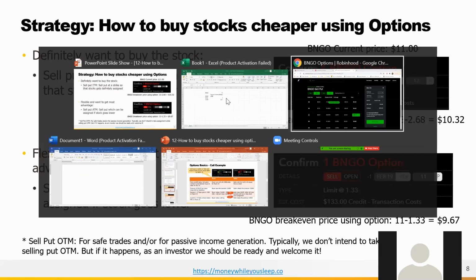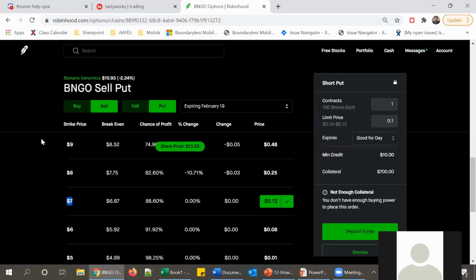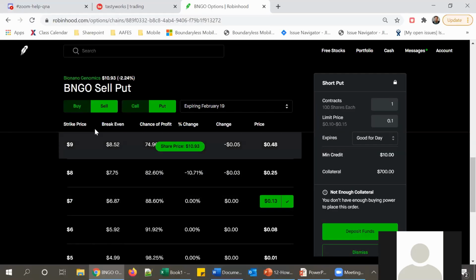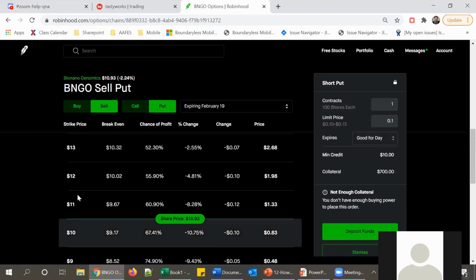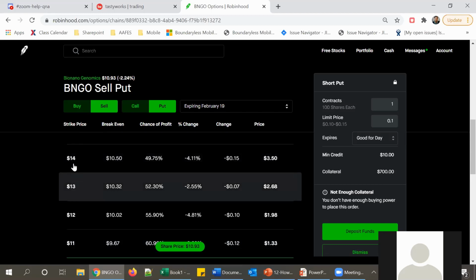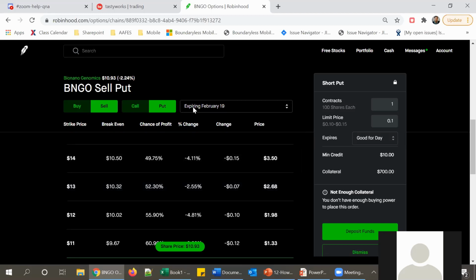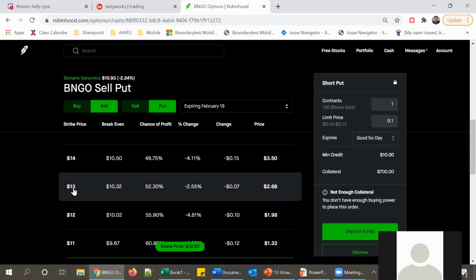How will that happen? If we sell bingo on a higher strike price. Let's say bingo we sell at $13. What does that mean? It means if by February 19th, bingo is below $13, it is going to be assigned to us.